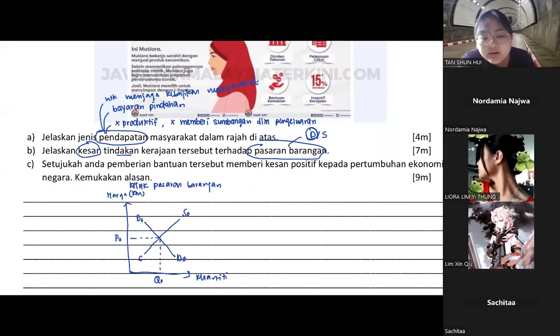Demand increase or demand reduce? They give you money, so you got money. You buy more things or buy less things? Yes, you buy more things. But the price of the goods got changed? No. So in the same price, my demand increase means my demand move to the right-hand side. So when move to the right-hand side, I have an increase in quantity.